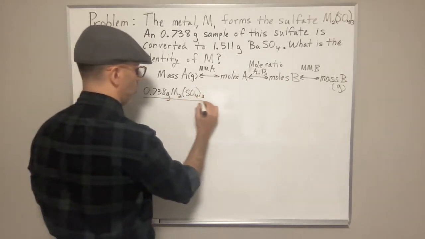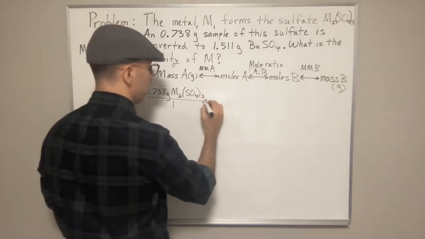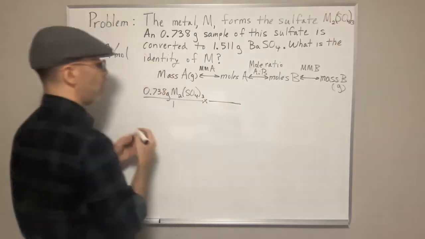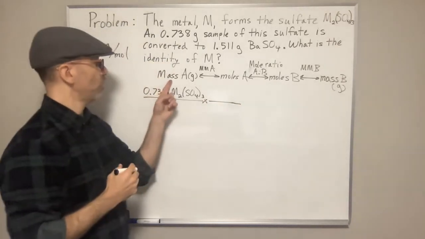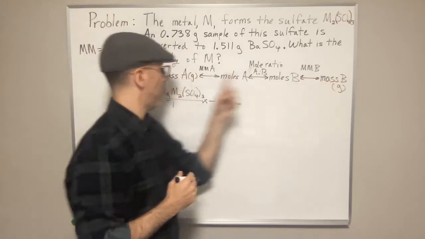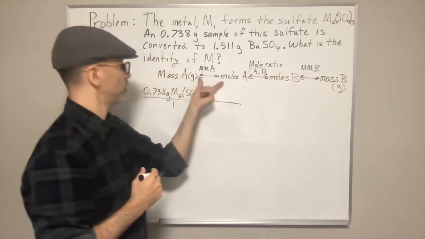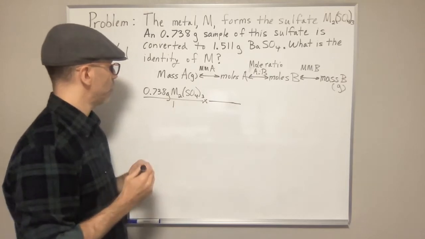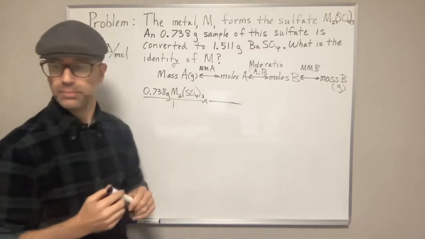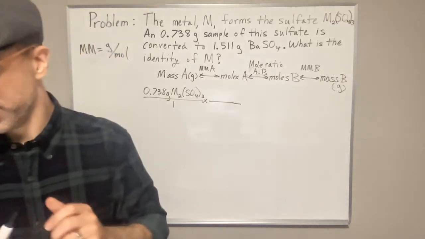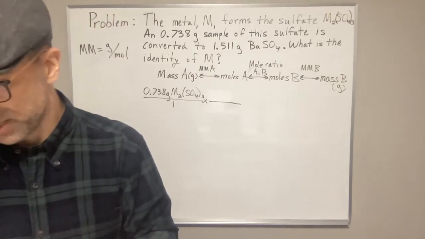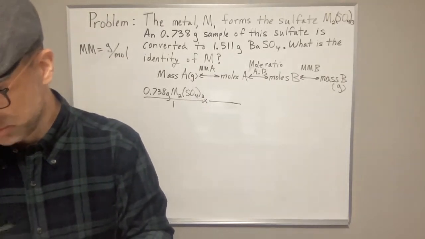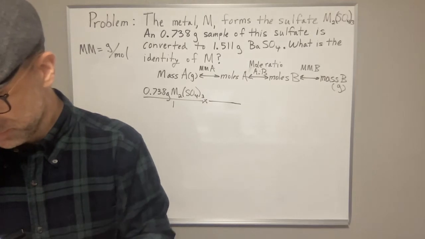We're going to put that over 1. And so our first step, in order to go from mass of A to mass of B, we need to use the molar mass of A. So we need the molar mass of this substance here. So let's go ahead and look that up.